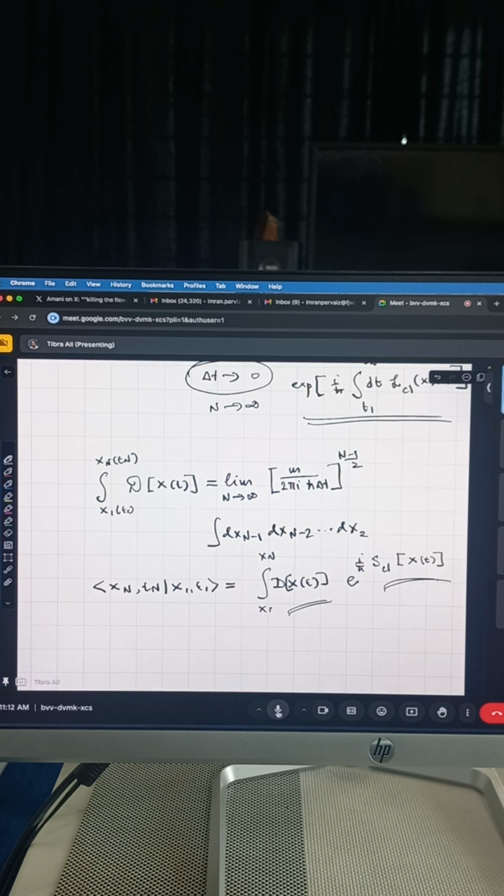So, Tibra, maybe I should ask, you integrate, and your last element is dx2. Shouldn't it be dx1? No, because I want to have the x1 dependence on this side.